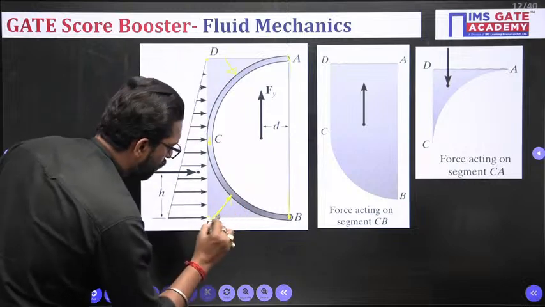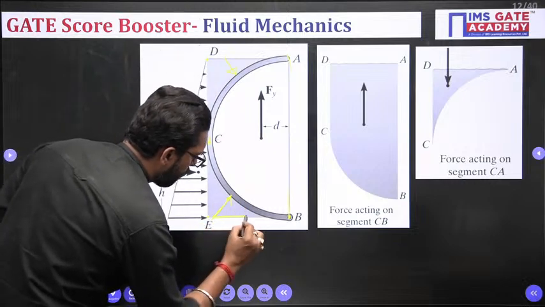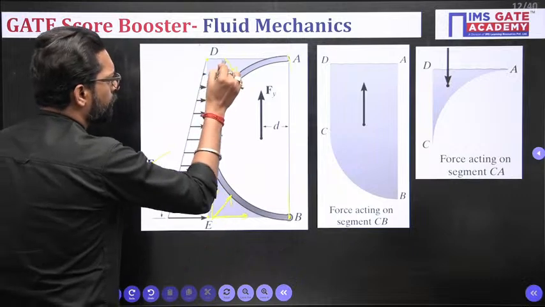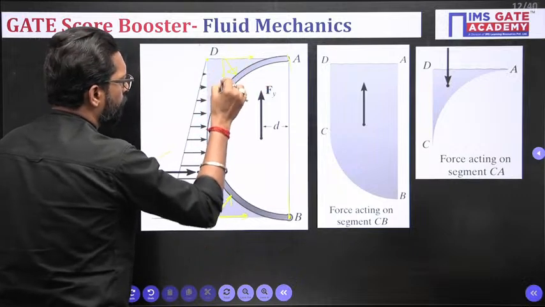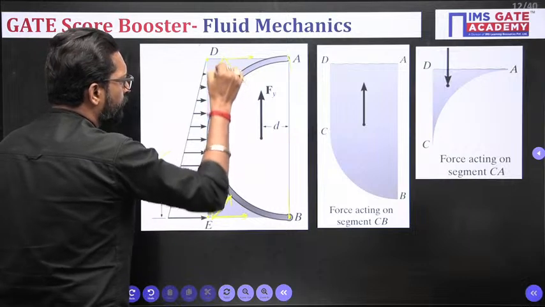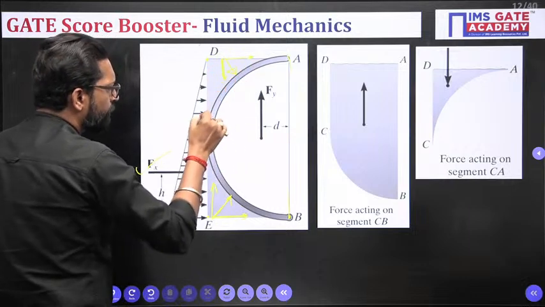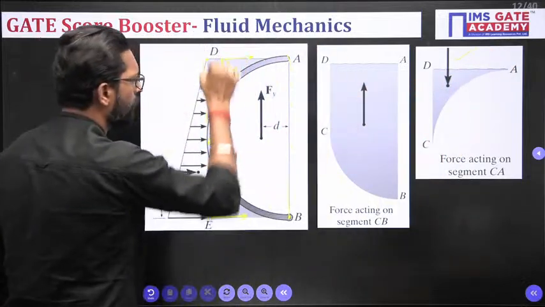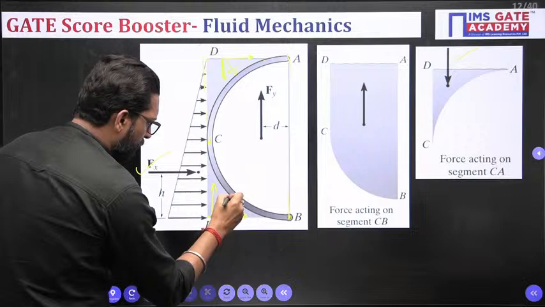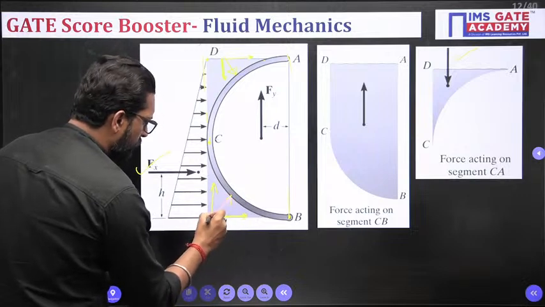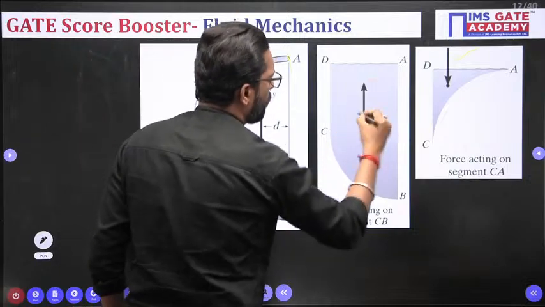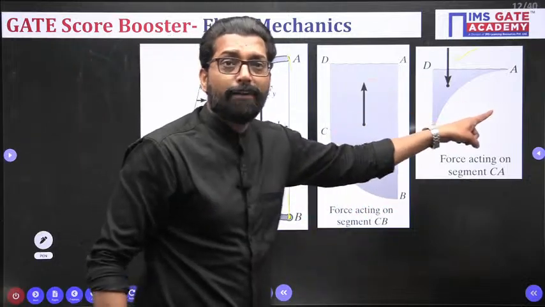This is your horizontal force, and this is your vertical force. If you calculate this vertical force, you have to take this projection up to the free surface. This projection is downward. For the other component, the vertical force is upward. So what is the net vertical force?